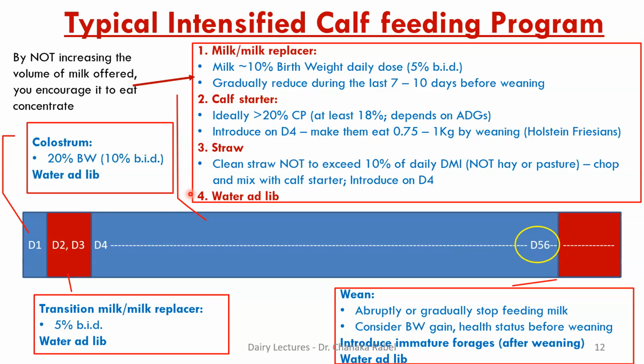Do you think calves will prefer straw or fresh grass? So preference, palatability, nutritive value, all of these are higher in pasture or hay versus straw, right? Yet we recommend to give straw.